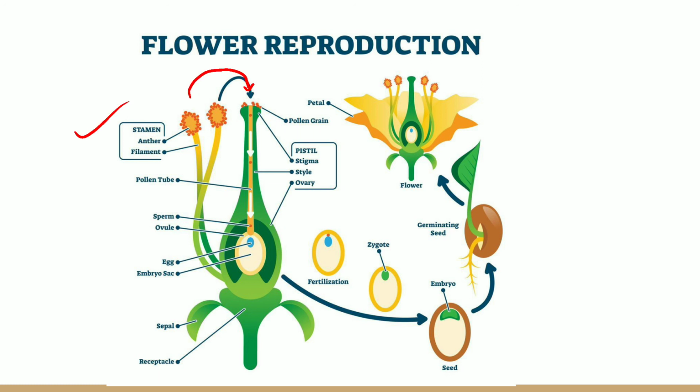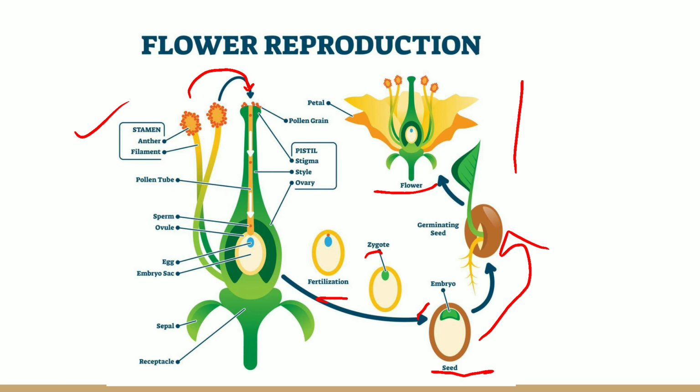Then inside the style of the pistil or carpel, the development of the male gametophyte completes, and then it reaches the egg inside the ovule, and fertilization takes place. After fertilization, zygote is formed. The embryo is developed inside the seed. The seed on germination develops into a new plant, which bears the flower. Once again, the flower is ready for sexual reproduction.